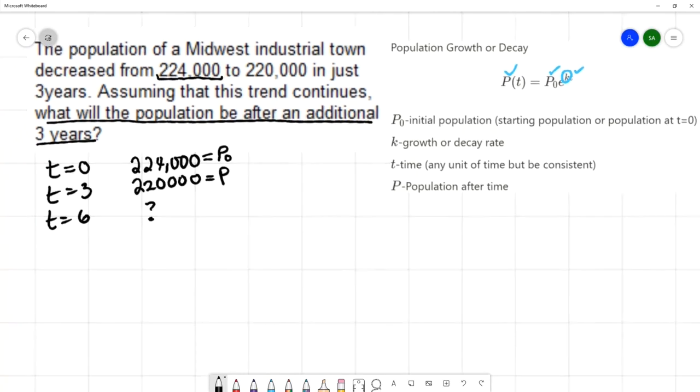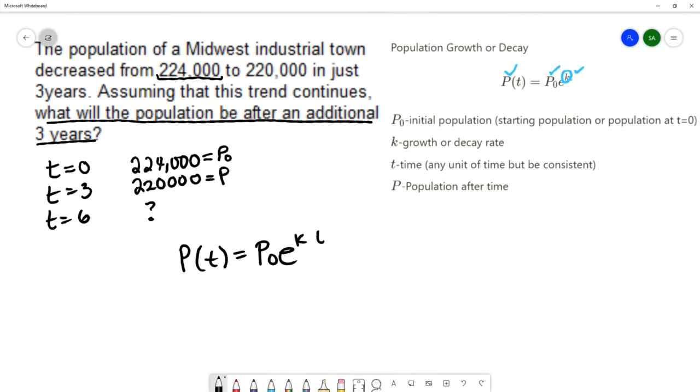So we're going to substitute these values into our formula. We have P of t equals P naught e to the kt. P will be 220,000. P naught is 224,000.